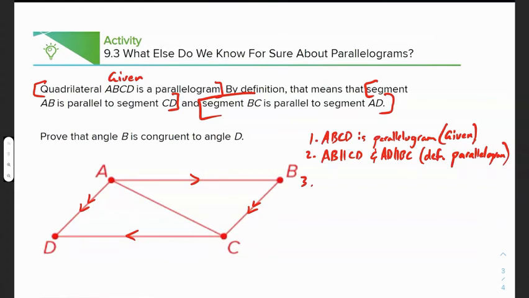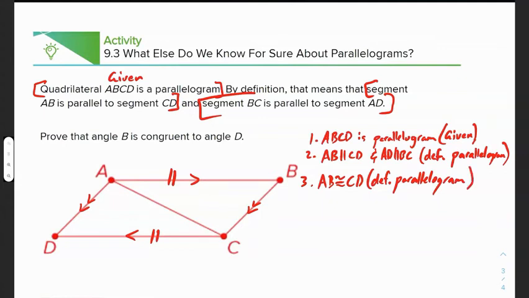3, parallelograms, isn't AB going to be congruent to DC, right? So why? Why is AB going to be congruent to DC or CD? Okay, because that's the definition of a parallelogram, right? So definition of parallelogram means that the opposite sides are going to be congruent.